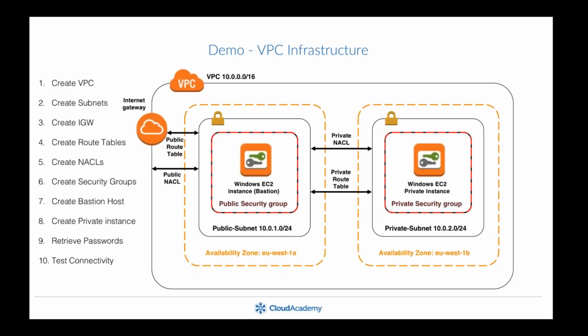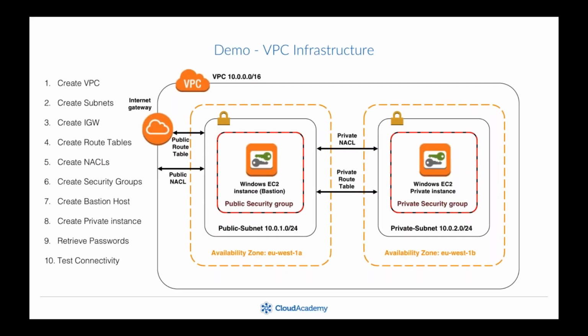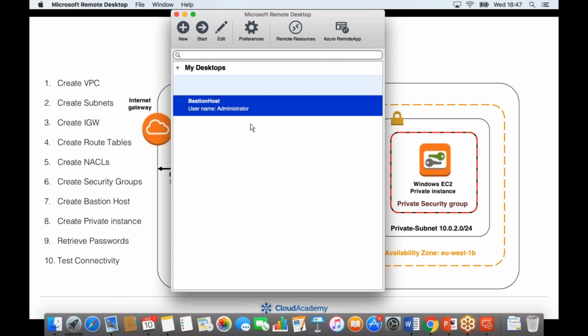So just flipping back to the presentation. It was on the Bastion host, and we've just RDP'd from there onto our private instance. Just wait for that to come up, should only be a second.